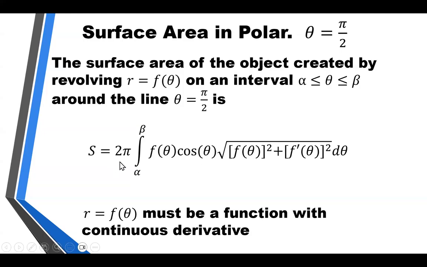So we get that the surface area is 2 pi, integrate from alpha to beta, my function times cosine times square root of a really big quantity, which is function squared plus derivative of function squared, all integrated with respect to theta. Again, we have to have our r equals function of theta be a function with continuous derivative for this to work. Again, theta equals pi over 2, think that's the y-axis.